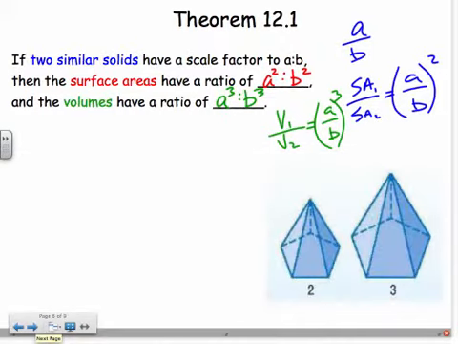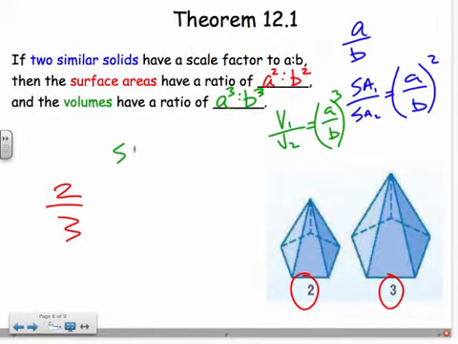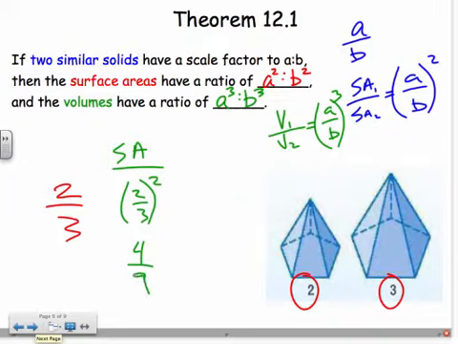So let's say I had these two shapes, and they have a scale factor of 2/3, right? 2 and 3 here. Well, their surface area ratio would be 2/3 squared, right? So it would end up being 4/9, or 4 to 9 is what we would say.